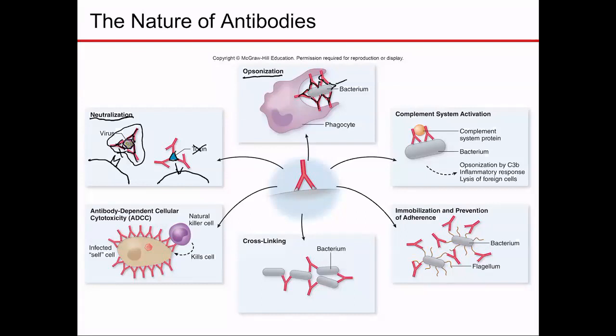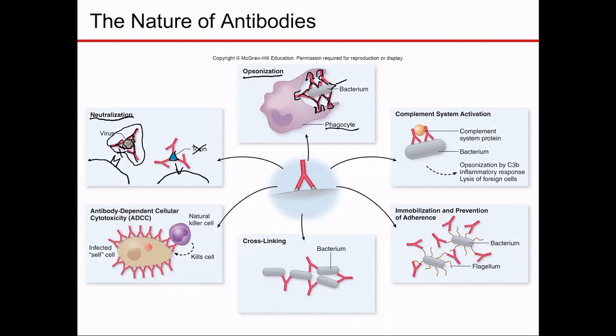And now the phagocytes have receptors for the Fc region of those antibodies that are coating the pathogen. And this will now facilitate grabbing that bacteria and engulfing it and taking it into the phagocyte to destroy it inside of the cell.